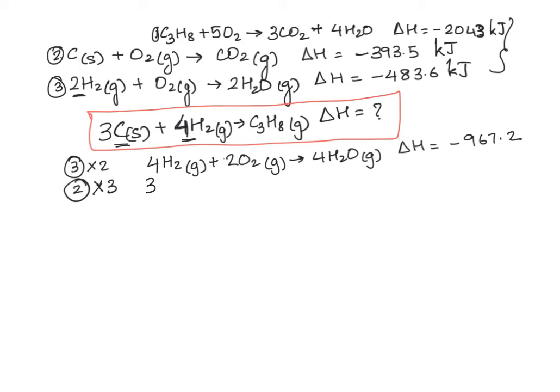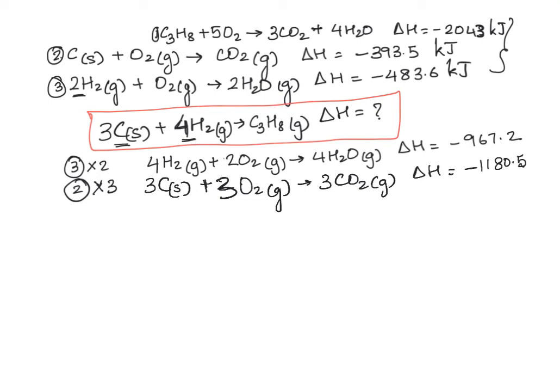We will get 3 carbon solids plus 3 moles of oxygen gas yields 3 moles of carbon dioxide gas, and delta H will be 393.5 multiplied by 3, which will be negative 1180.5.